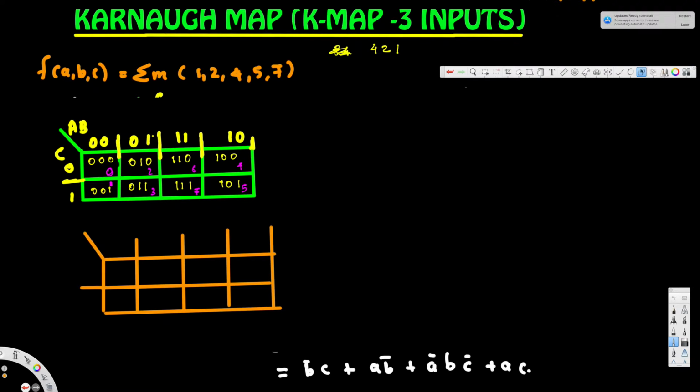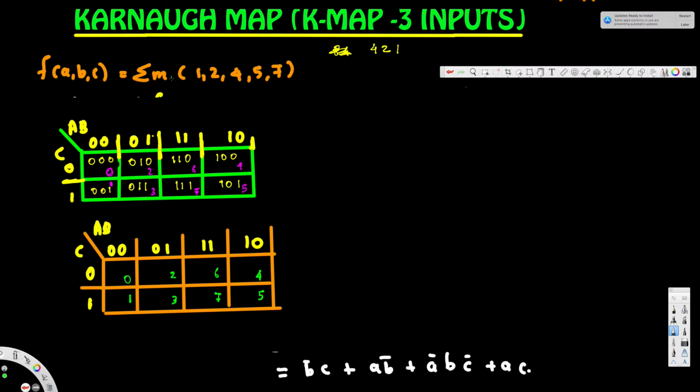Okay, so let's go ahead and plug in the numbers A, B, C. So this is 0 0, 0 1, 1 1, 1 0, and 0 1. I write the location in small. This is going to be 0 1 2 3, and this is 6 7 4 5.